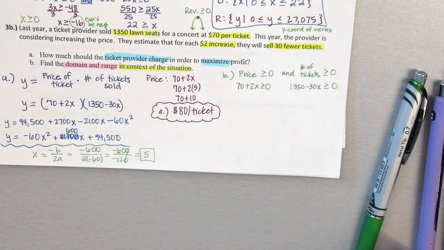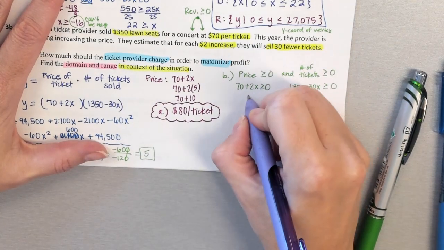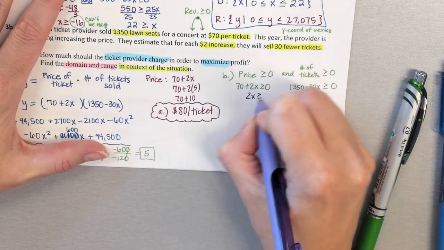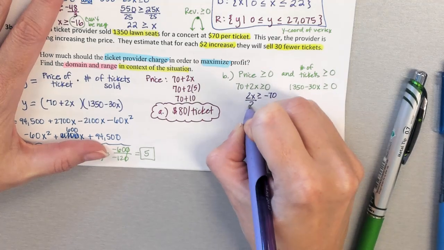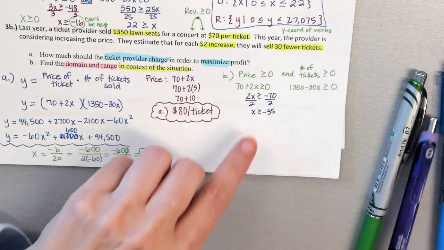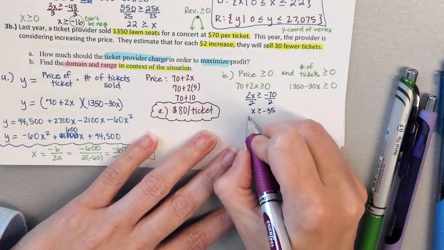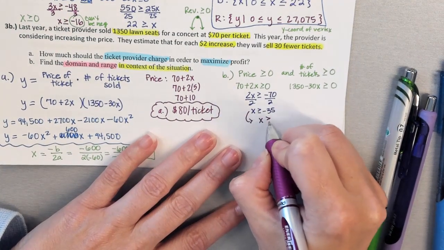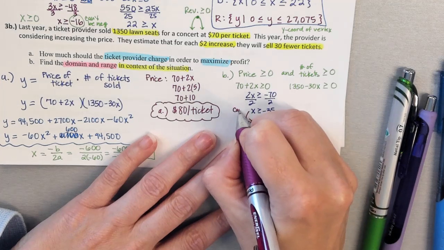Okay, and remember I said I like to keep my x's positive here, so I'm going to move over the 70, divide by 2. And then I know whenever I get something that's negative, you have to adjust it. Okay, because it can't be negative.